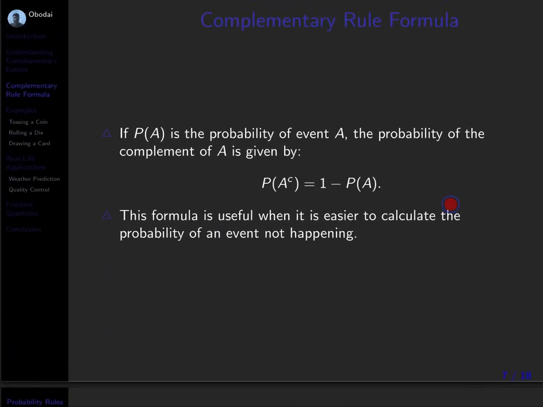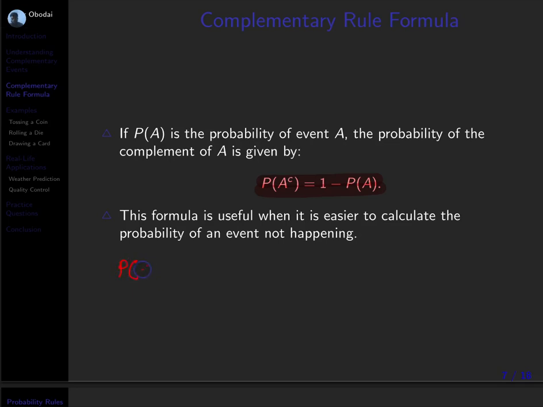Now, the complementary rule formula says if the probability of event A is P(A), then the probability of the complementary event is given by 1 minus the probability of A. What this simply means is if you have the probability of A, then you can always solve for the probability of the complementary event.